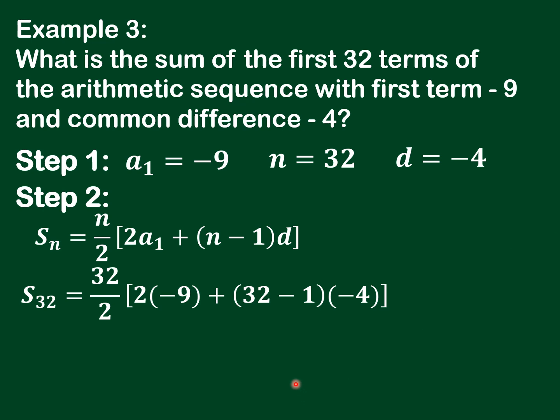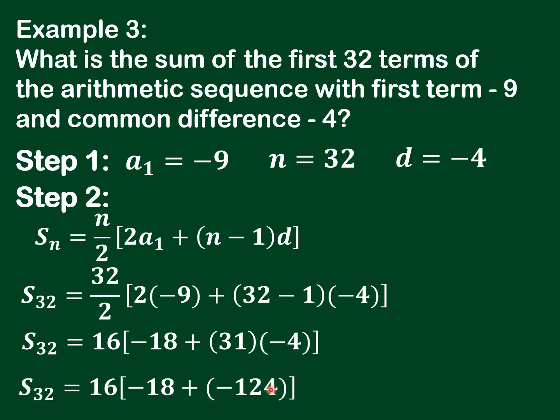So next we're going to simplify the equation. 32 divided by 2 is equal to 16. And then 2 times negative 9 is equal to negative 18 plus 32 minus 1 is equal to 31, and then multiply it by negative 4. So 31 times negative 4 is equal to negative 124.